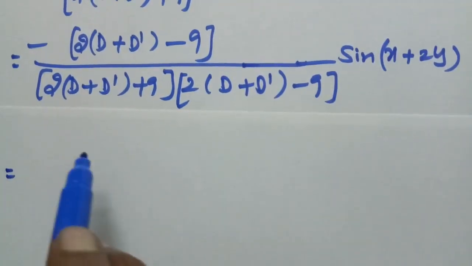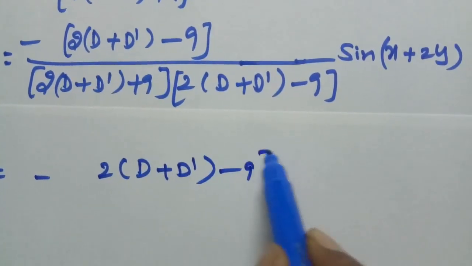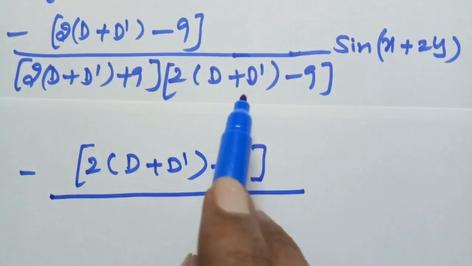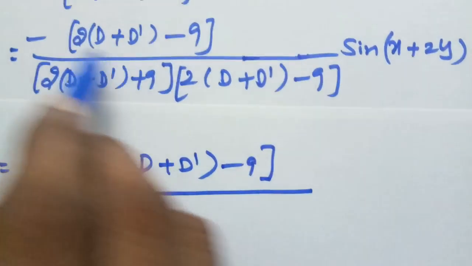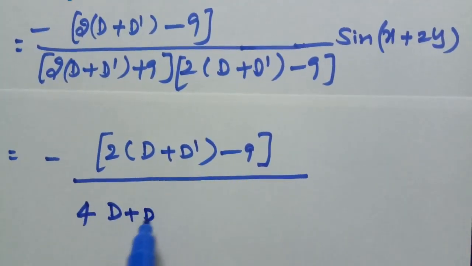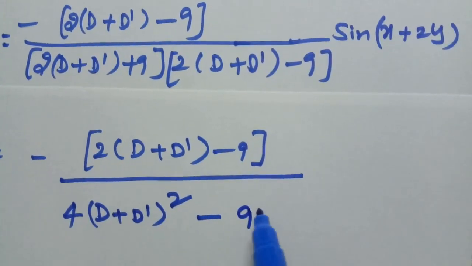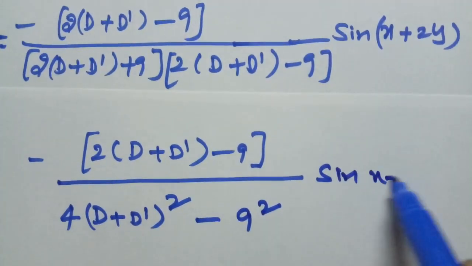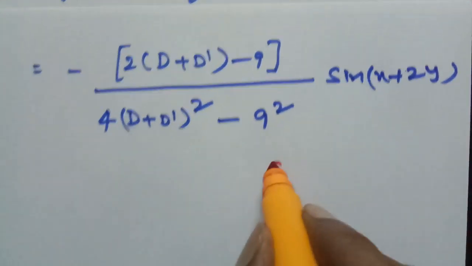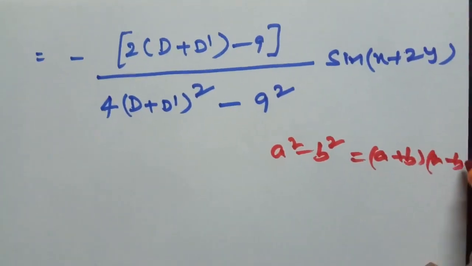Therefore, this can be written as −2 into (D + D') − 9 by (a + b) into (a − b), a² − b², where a² is 2 into (D + D') whole square. So that is 4 into (D + D')² − 9² into sin(x + 2y). Here we used the formula a² − b² = (a + b)(a − b).